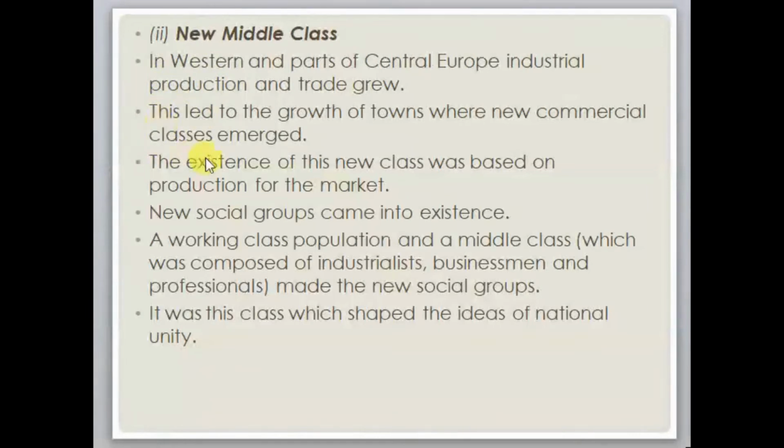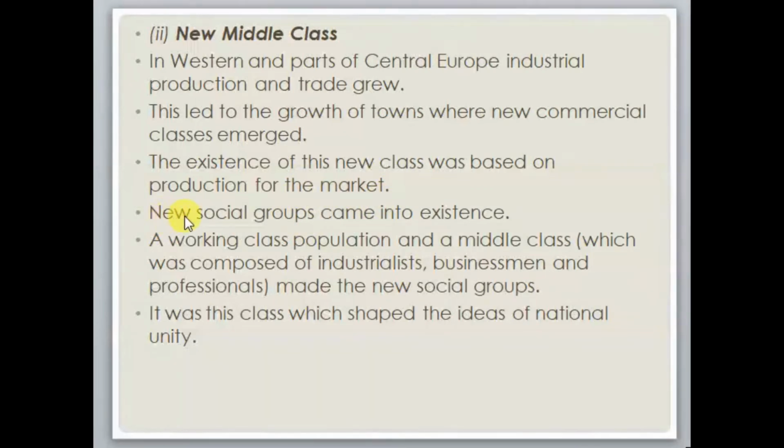In this time, in Western and part of Central Europe, industrial production and trade grew. This growth led to the growth of towns where new commercial classes emerged. The existence of this new class was based on production for the market.